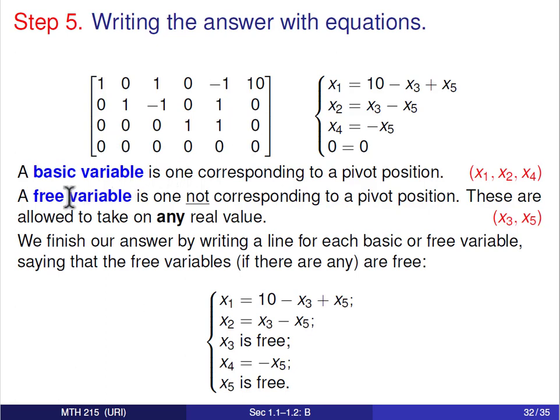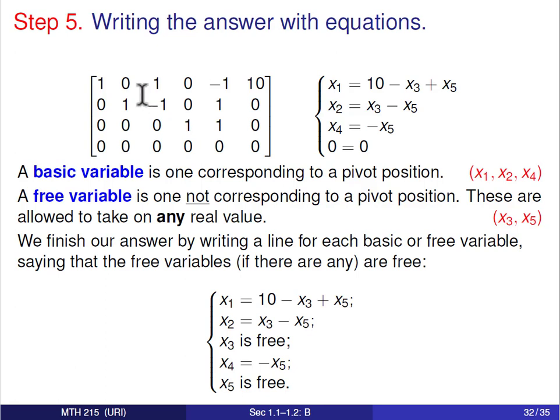Now, what you'll notice here is that we are going to define variables as being of one of 2 types, basic variables or free variables. And the difference is where the variables first appear. So a basic variable is one corresponding to a pivot position. So these variables that correspond to the leading entries in the rows, so x1, x2, and x4 each have a pivot position corresponding to that variable.